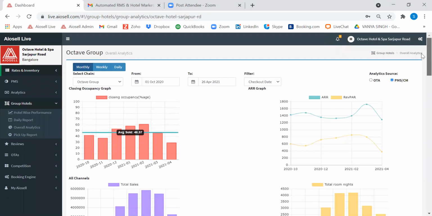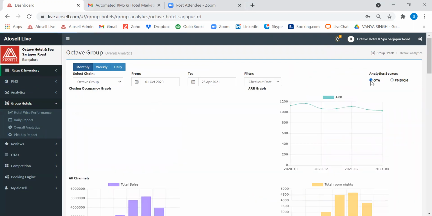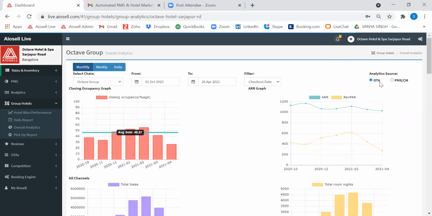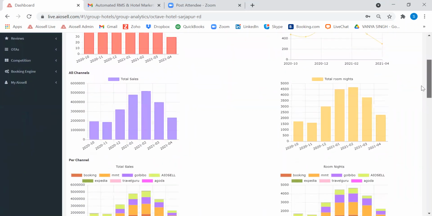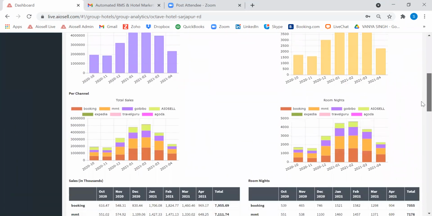In case you want to see the total business, you can see that by selecting the source, which is PMS. And if you want to isolate just the OTA business, one can do that by selecting the source as OTA. And now the data will only show the performance from the online travel portals alone.